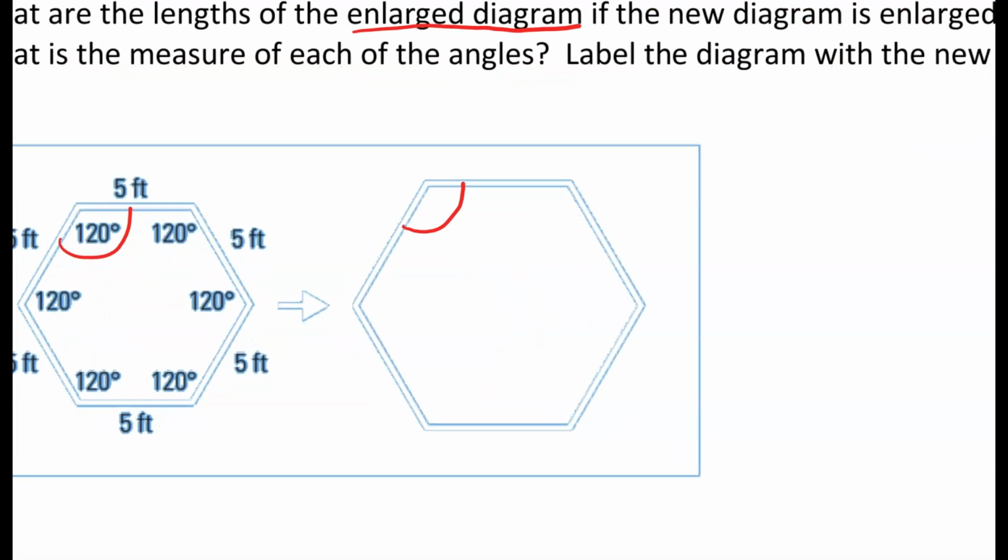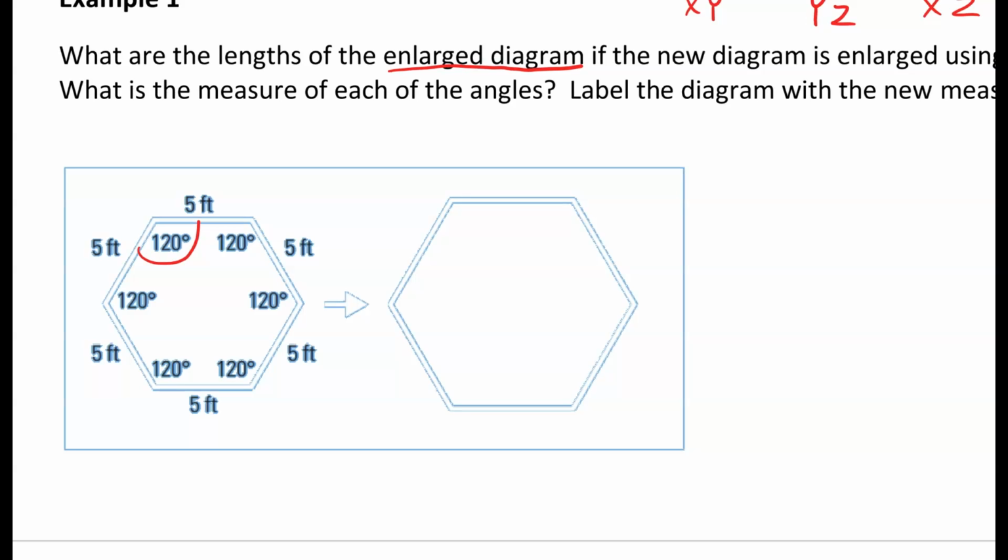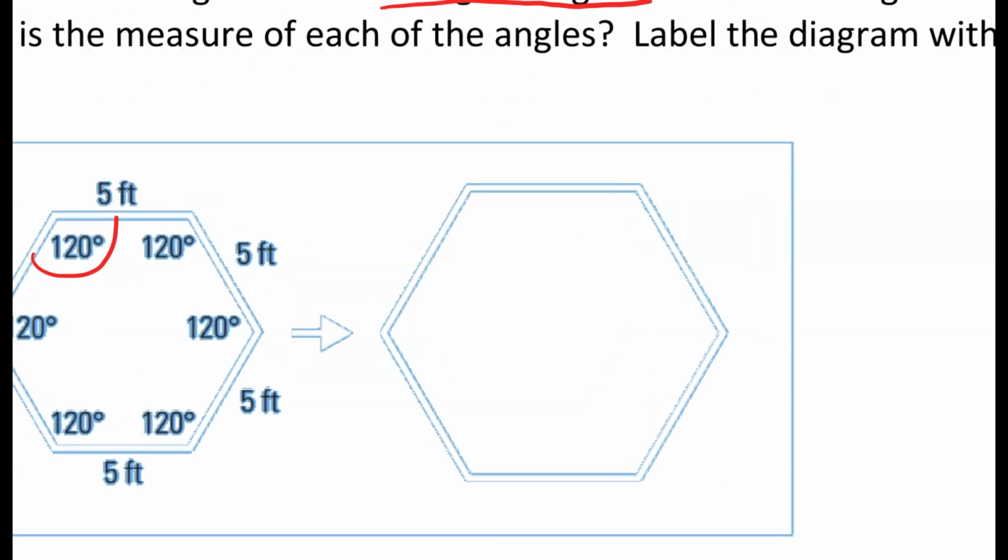Well, what's important is if you are copying this correctly and you're enlarging it correctly, or even reducing the size correctly, the angles are always going to be the exact same. So if this angle is 120 in the top left there, this would be 120 as well.